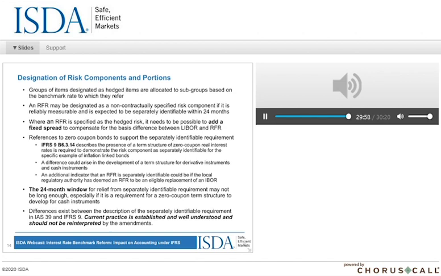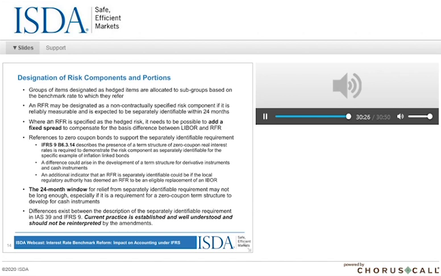At its June meeting, the IASB discussed this concern and considered whether the period of relief should be longer or even open-ended. The IASB decided to keep the 24-month time limit to ensure that the relief has a clear end date. This is because the relief is intended to be a temporary measure, and in order to maintain the integrity of the hedge accounting requirements in IFRS 9 and IAS 39, it needs to have a clear end date.